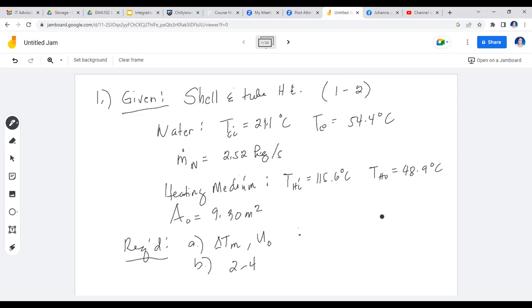So it should be counter current flow if the problem is silent about it. If the problem is specific as to what type of flow you will use, then you have to use that particular orientation. This same is the requirement in here, by the way. So you have delta T mean and U sub O.